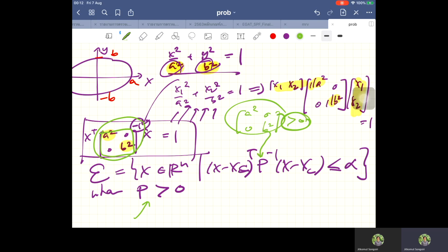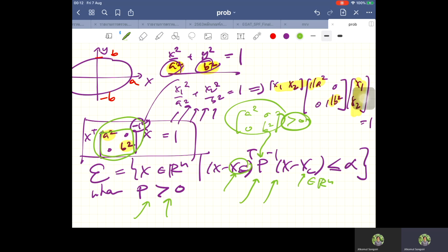P has to be positive semi-definite. But now in n dimensions, P is allowed to be any symmetric matrix with the positive property. P doesn't have to be restricted to a diagonal only. And of course, the translation term only affects the center of an ellipsoid. xc is also a vector in Rn.